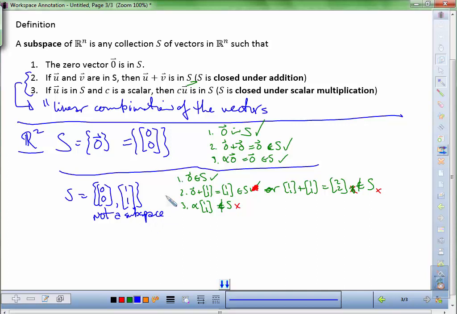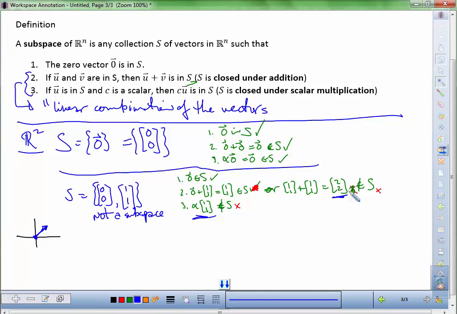If we try to visualize this, because we can in 2 dimensions, we're looking at the vector 0, 0, and then the vector 1, 1 that looks like this. Now, if it's supposed to be closed under addition and scalar multiplication, what types of vectors do I need so that I can get a subspace?